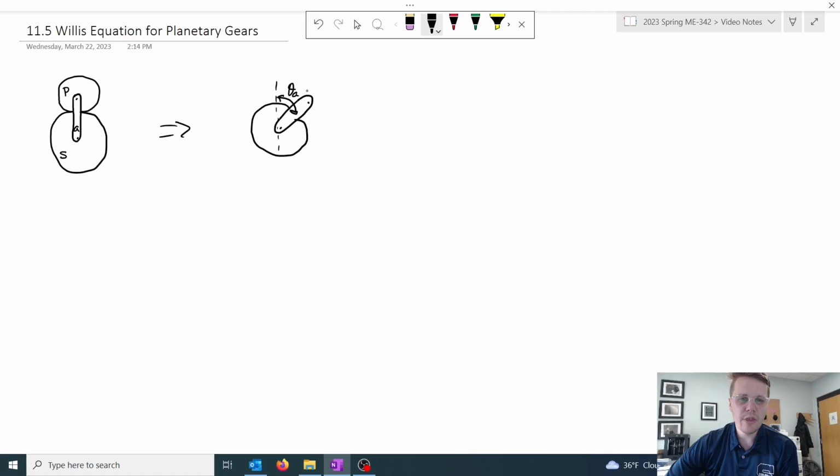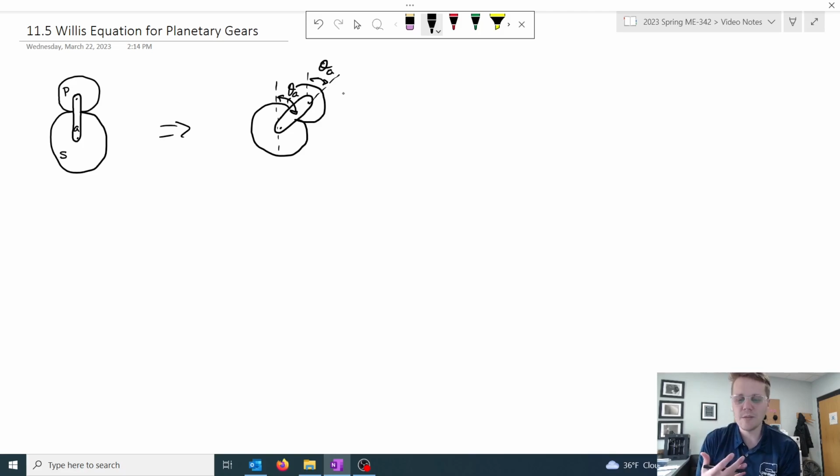And if we do that and we think about what's happening with the planet, which is in here as well, then the rotation of the planet is the same rotation that we're getting from the arm. So the planet itself is rotating at the same rate because it's connected to the arm.